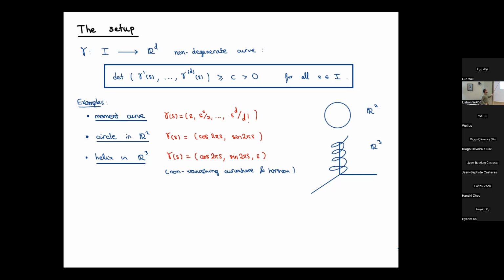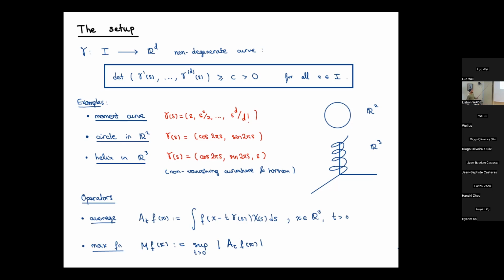Okay, and here the classical example is in R^2 we take a circle, in R^3 we take a helix. So in R^3 it has non-vanishing curvature and torsion, and in any dimension the moment curve would be the prototypical example.